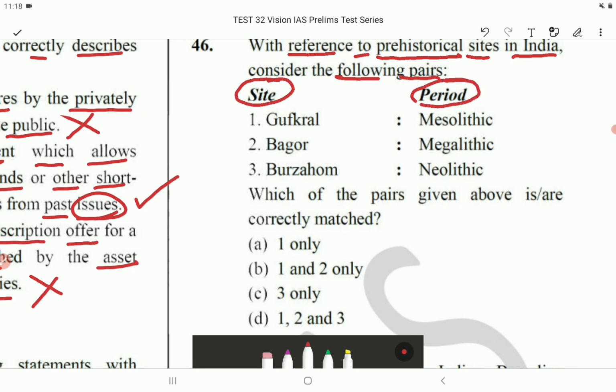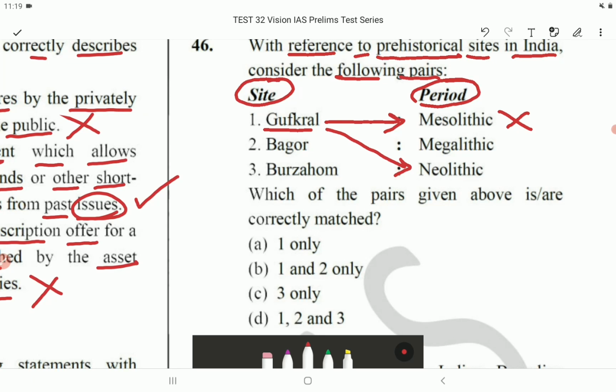So the first one is Gufkral and it is being paired with Mesolithic. This is incorrect. So this Gufkral, it is Neolithic site in the Kashmir Valley. So it is a Neolithic site. So now the first one is incorrect.